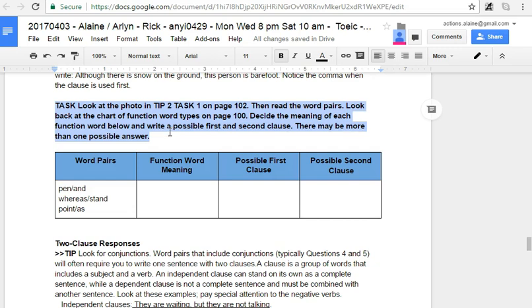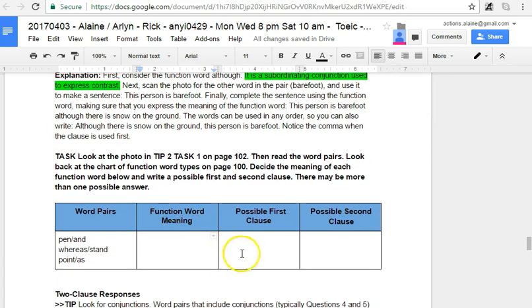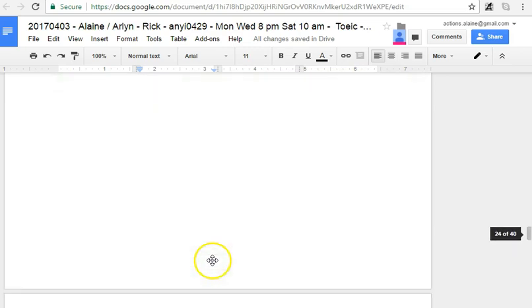Decide the meaning of each function word below and write a possible first and second clause. There may be more than one possible answer. Now, all you have to do is to categorize the word pairs, because it is at tip 2, task 1.